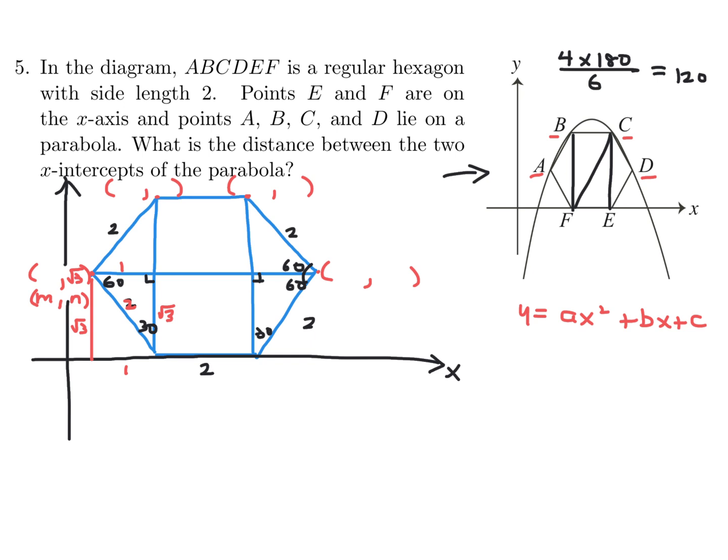And that's very helpful, because then I can put y equals root 3 into there to figure out x, I think. Yeah, let me think about this again. Let me do a little bit more work, I think.